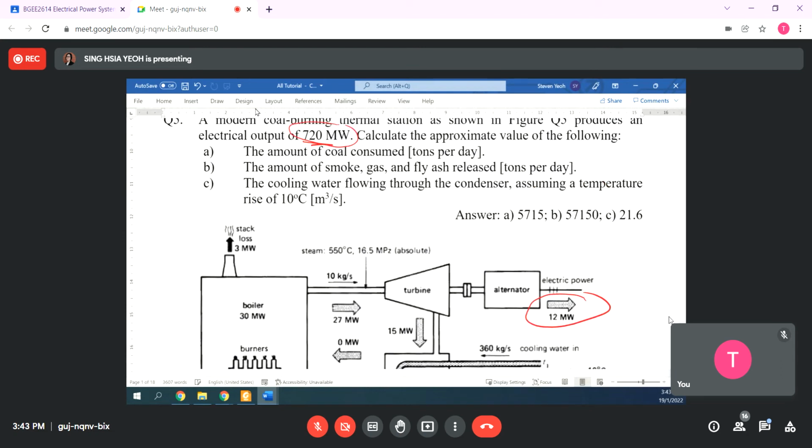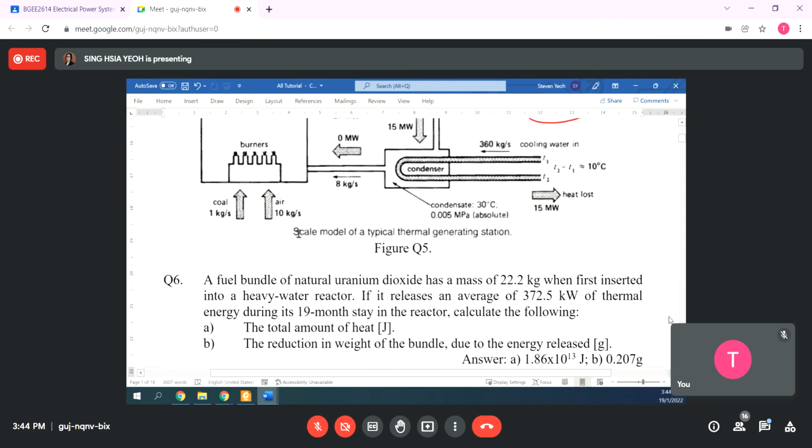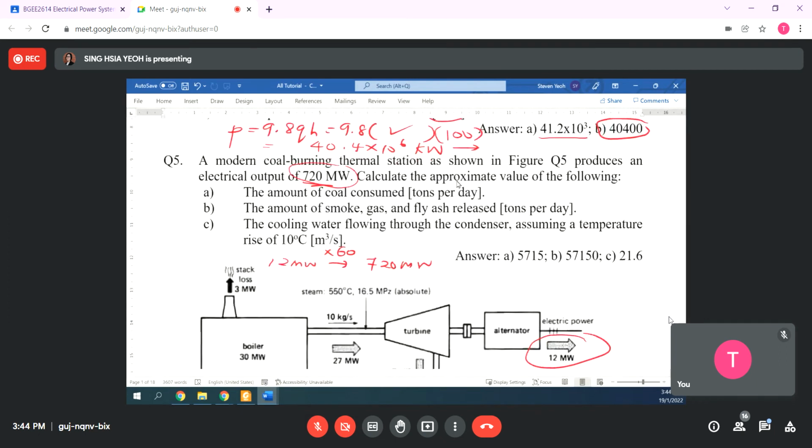So what does it mean? From 12 megawatt to 720 megawatt, it is actually times 60, right? So it means instead of 1 kg per second, now you also need to times 60, you get 60 kilogram per second. From this, you need to change it to tons per day.